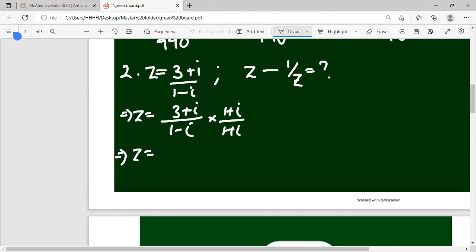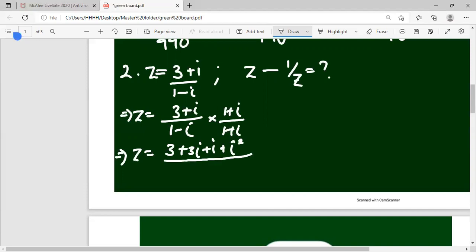So 3 by 1 is 3, plus 3i, plus 3i. Then i by 1, you have got i, plus i squared.